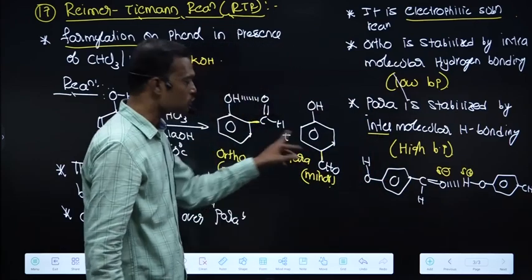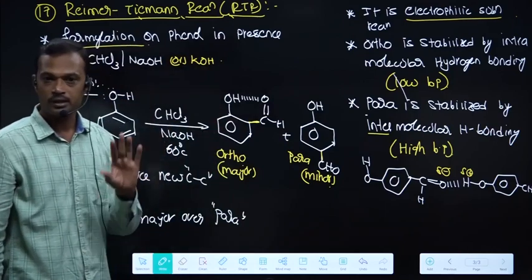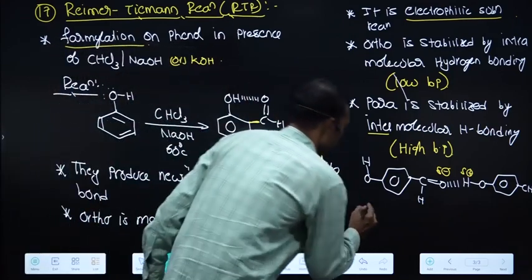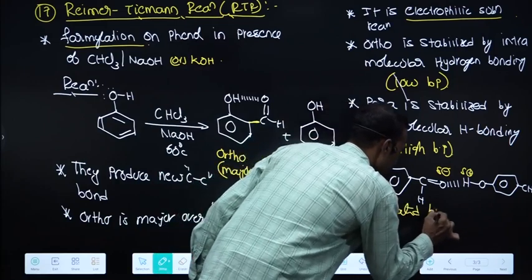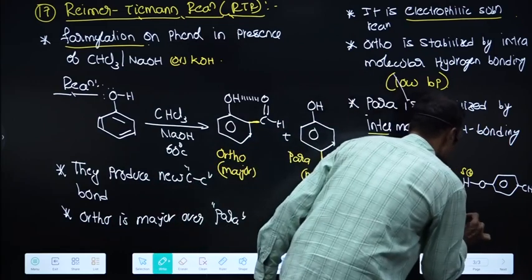So that's why these two isomers are separated by, remember this is a key point, steam distillation method.